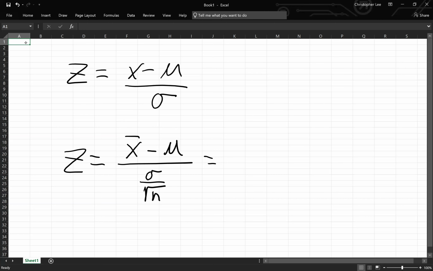But in this formula, I have a bunch of sample means, and I can't definitively say that the standard deviation is being captured in each sample. So I can't put the population standard deviation. I got to divide it by the square root of how many numbers there are, to kind of make it more approximate.